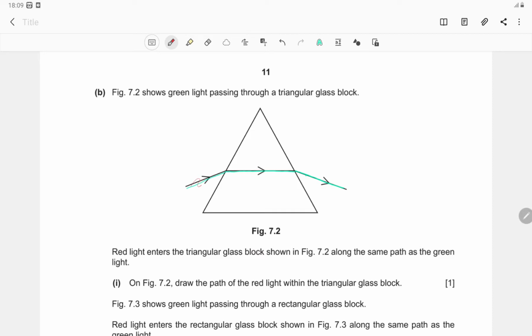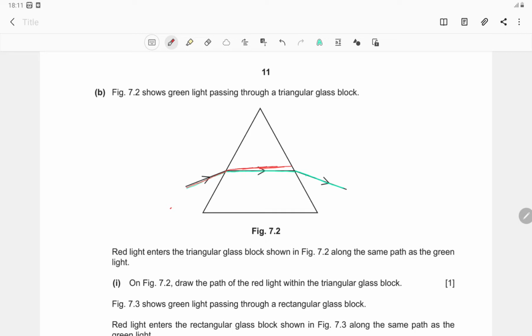So initially the red light is also coming in the same path, but when it enters inside the prism, the red light will also refract like green, but the refraction will be less. Amount of refraction or amount of bending of red light will be less than the bending of green light. This is due to the frequency of red being lesser than green, so the bending will be lesser, so the red ray will be somewhere higher.